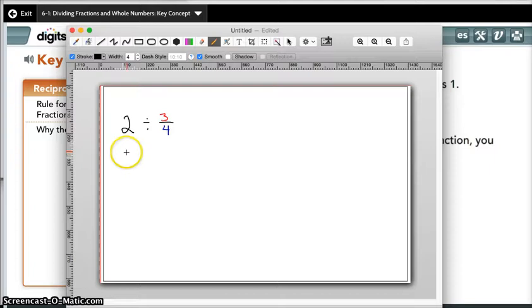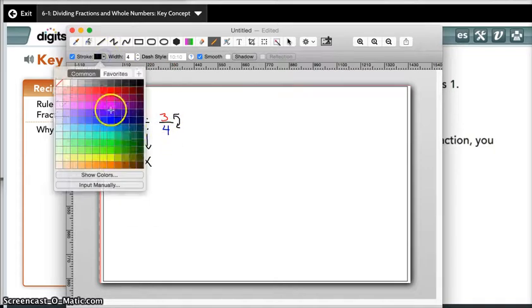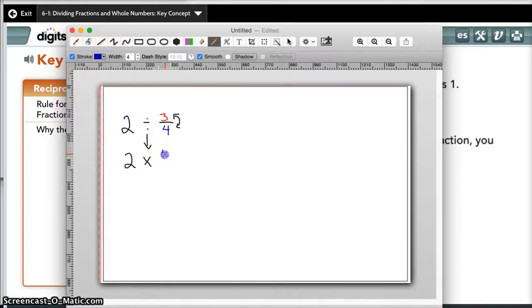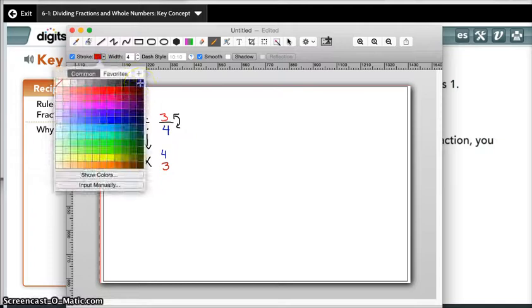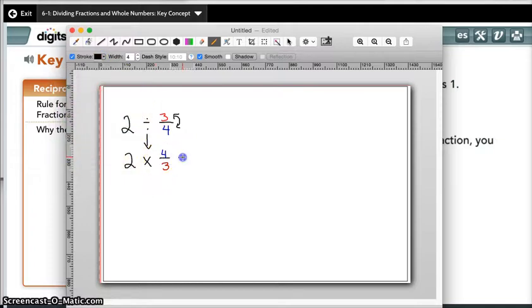And so the way you do this is you just say 2, and we're going to multiply. We're going to change this division to multiplication. And in order to do that, we have to take the reciprocal of this. So instead of writing 2 times 3/4, we're going to write 2 times 4/3. And when we do that, that's going to give us our answer.